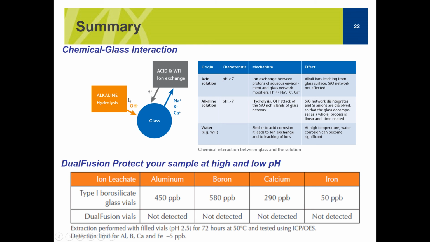If we are talking about OH, so this is basic, then the OH is going to come and break the glass network, the silicon oxygen network, and then you're going to see delamination occurring, and silicon is going to be leached into the solution. So this is just putting everything together. Basically what we're saying here is that DualFUSION protects your sample at both high and low pH and everything in between.